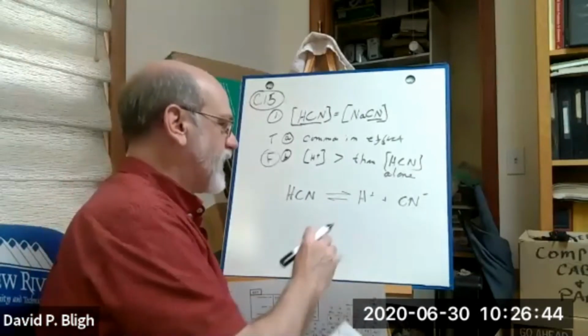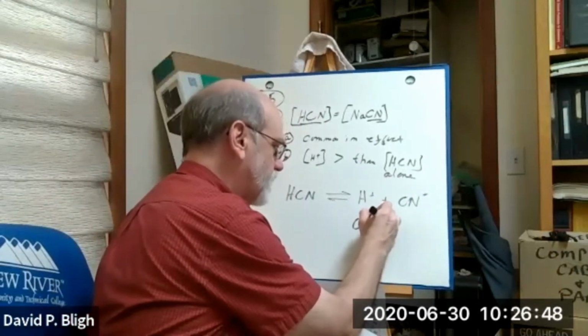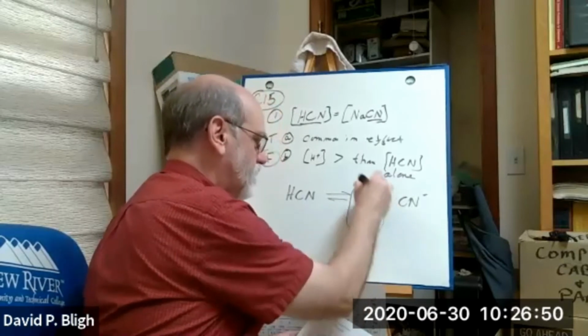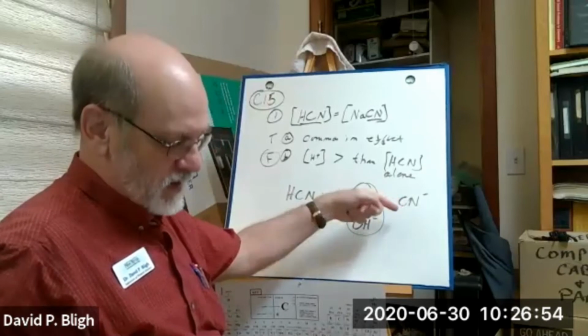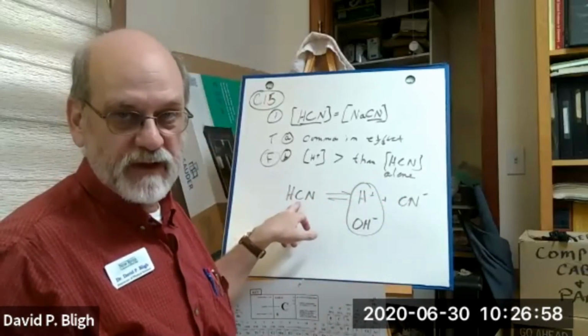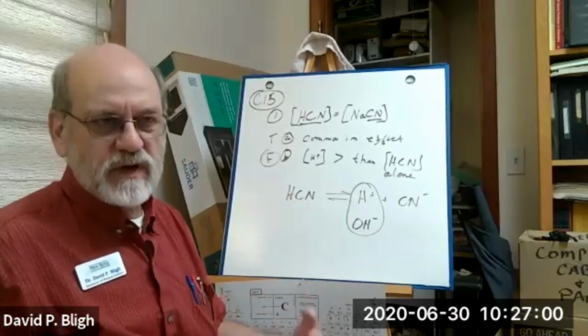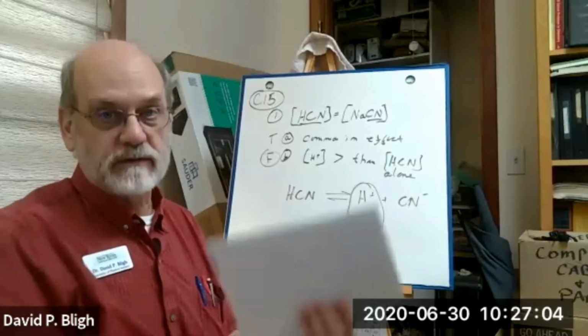So if we add sodium hydroxide and nothing else, you're adding hydroxide, which consumes protons, shifts the reaction that way, and makes more cyanide and decreases this. So what these statements are doing is actually describing various characteristics of a buffered solution.